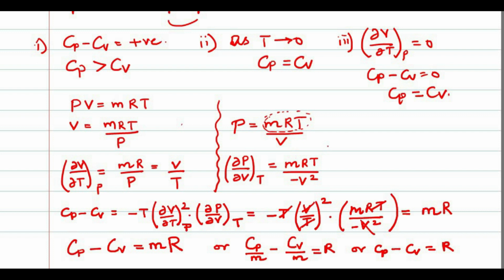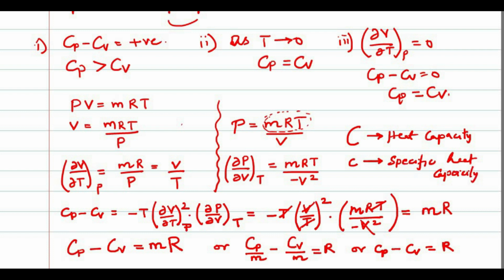So if you write capital C, it is heat capacity, and if you write small c, it is specific heat capacity. So capital C is equal to m into small c.